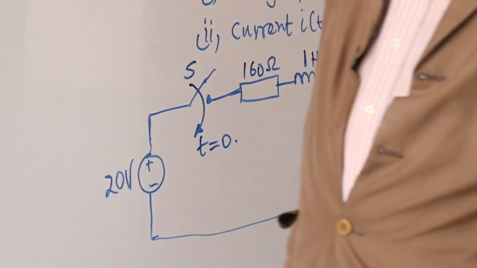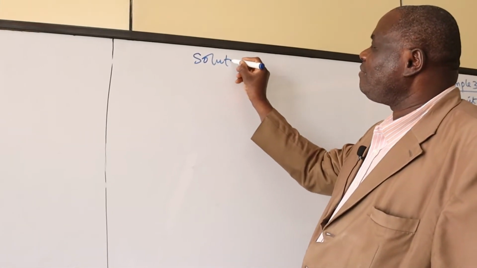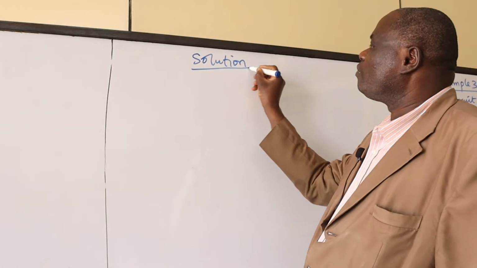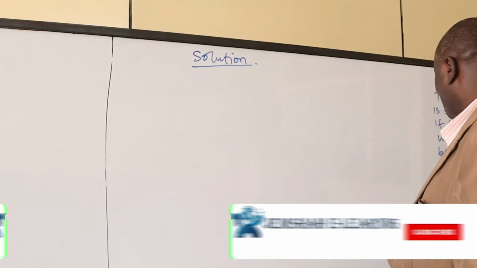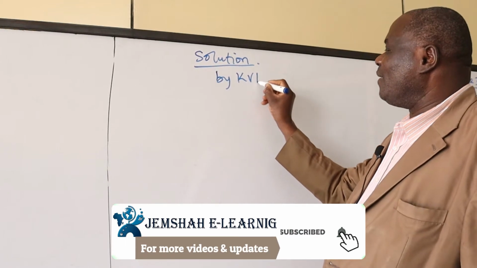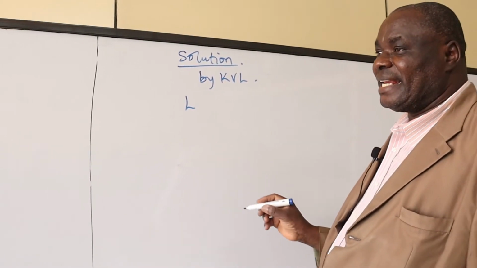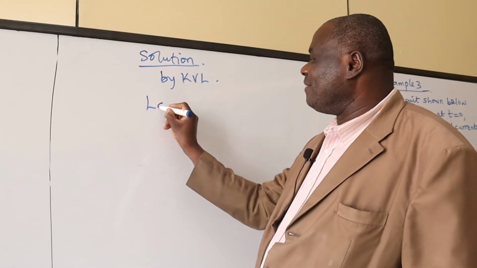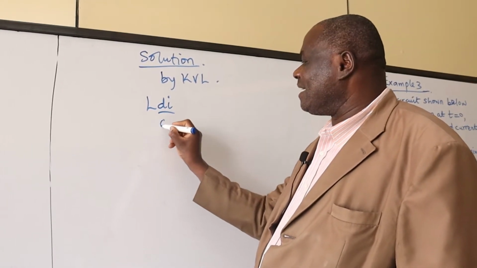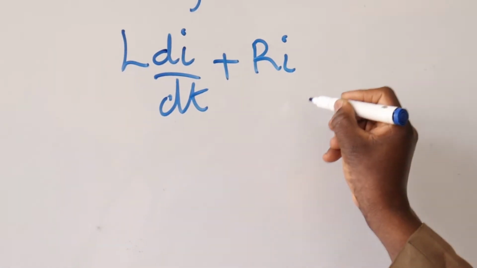So in our solution, by KVL, Kirchhoff's voltage law, the drop across an inductor is given by L di dt. Drop across the resistor is given by Ri.